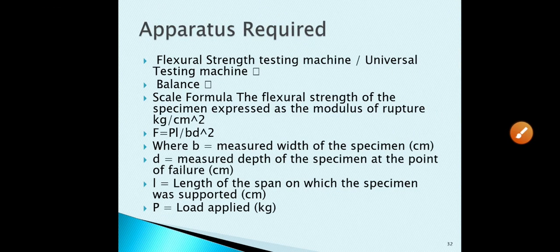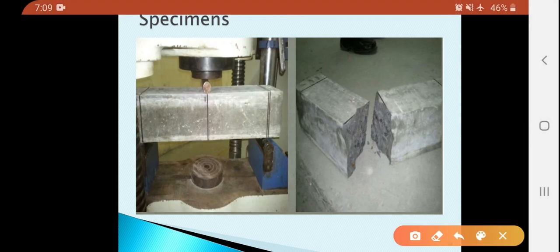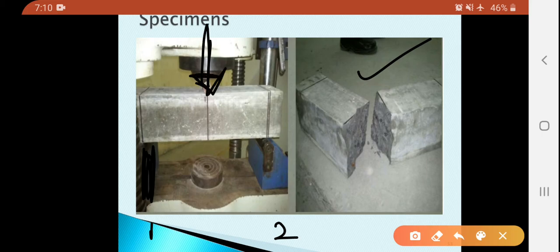Let us see here. This is an already failed block. We are considering these two as supports, first support and second support. Exactly at the center of the specimen we are applying the point load, not an axial or compression load, just a point load.